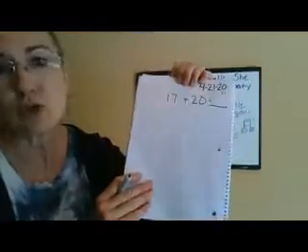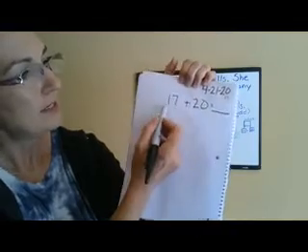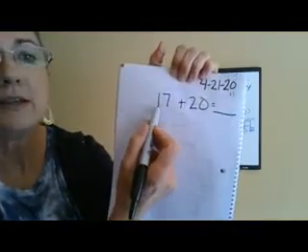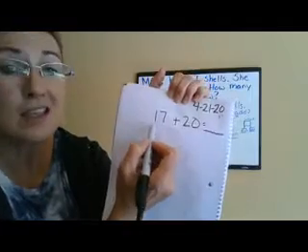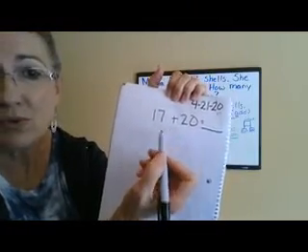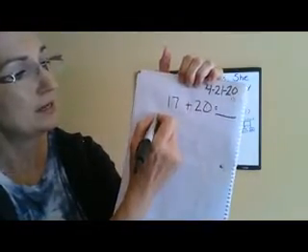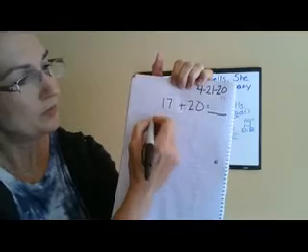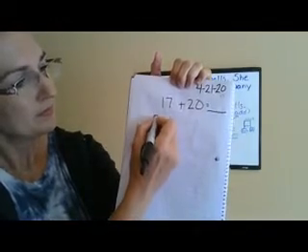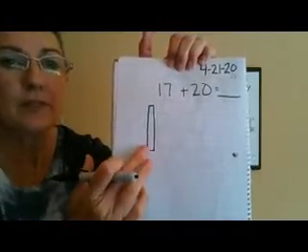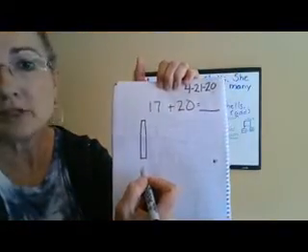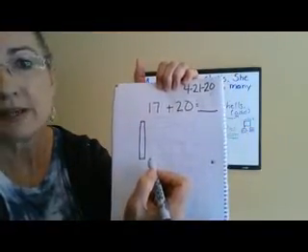Okay, when we draw out 17, so when I look at 17 is one of those teens. It's 10 and 7 more. Okay, so we've got a set of 10. So I'm going to do a long rectangle like that. So there's 10, and then I'm going to do my 7 more.